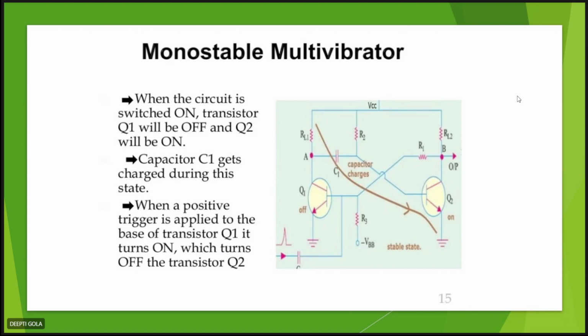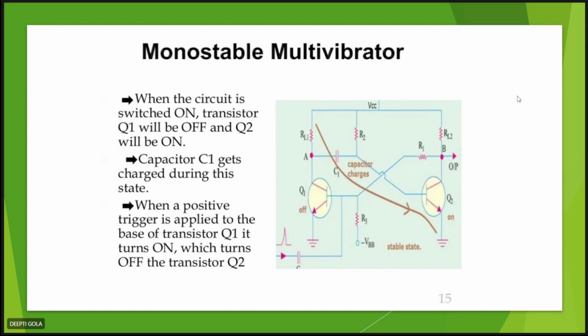However, in the astable multivibrator we had two capacitors, one connected to the base of Q1 and the other connected to the base of Q2. But here we can see the capacitor C2 is absent, which was connected earlier at the base of Q1. Correct? We have only one capacitor present, which is connected to the base of Q2, right?